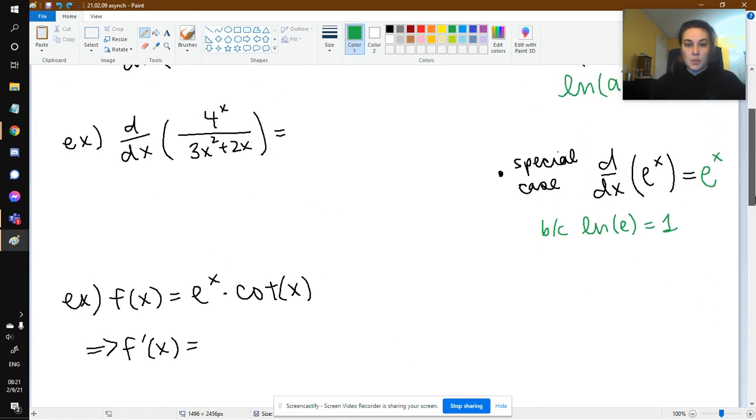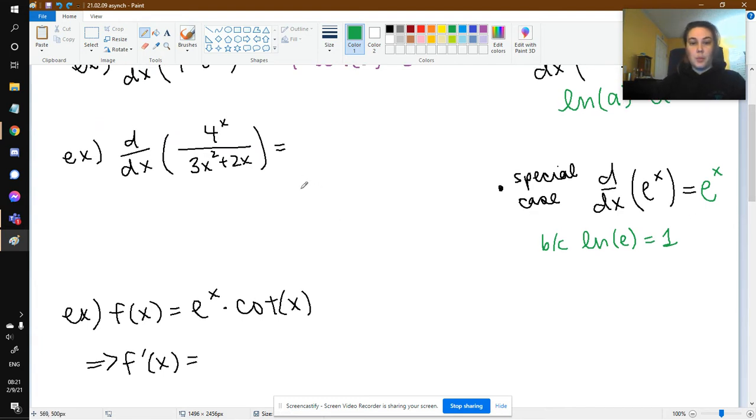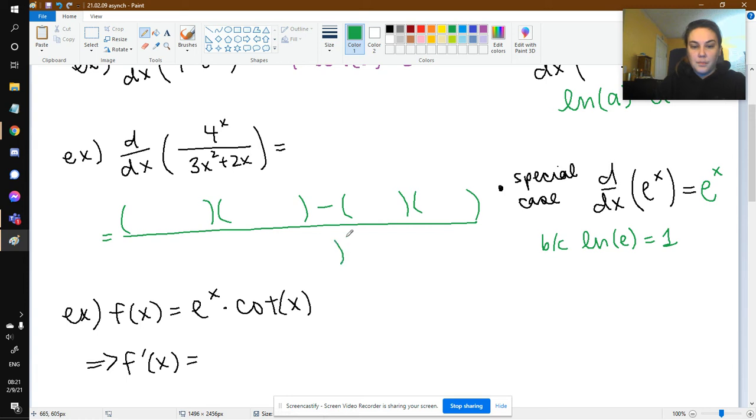Let me do this example as well. If we want to do the derivative of 4 to the power of x divided by 3x squared plus 2x, I'm going to write out my pattern for quotient rule. This is what I do every time I do a quotient rule question. Quotient rule pattern.